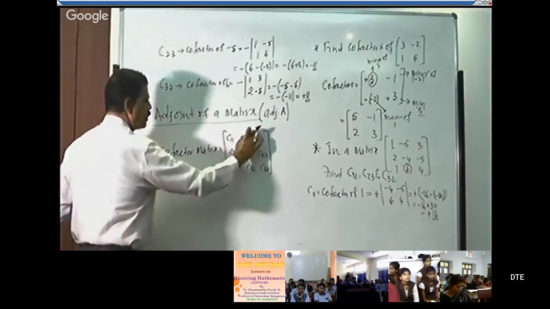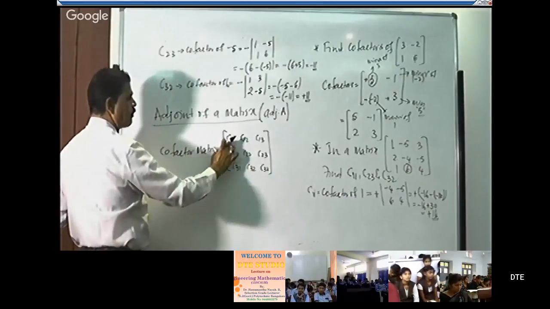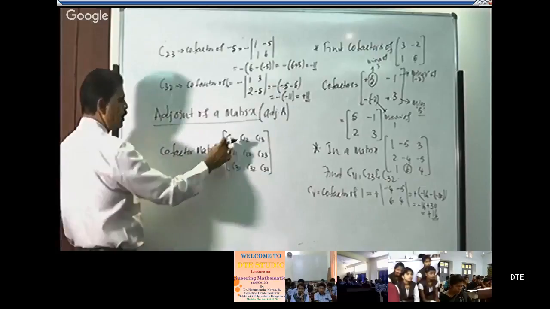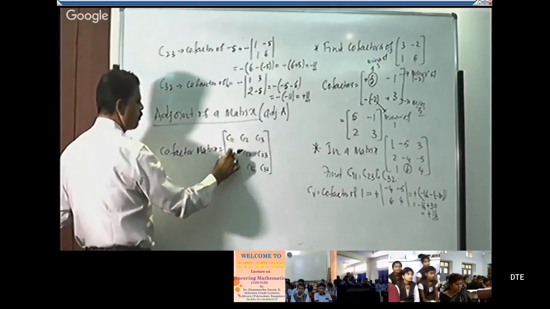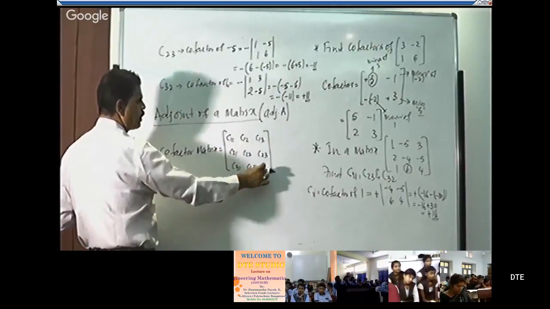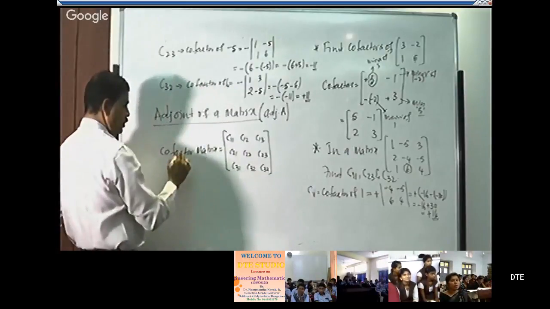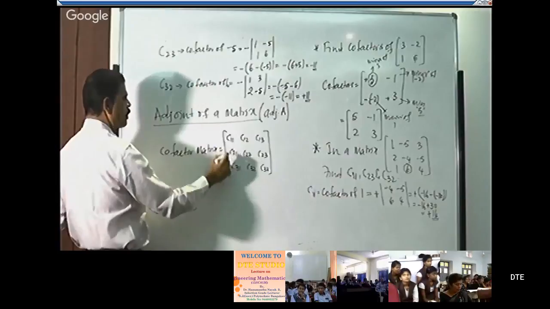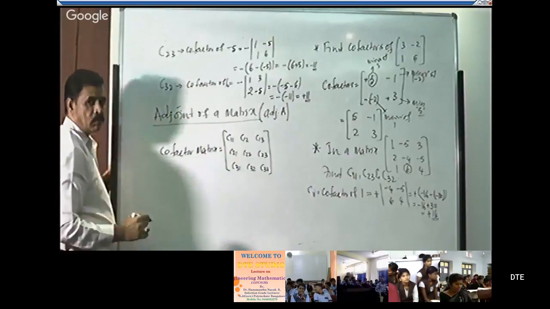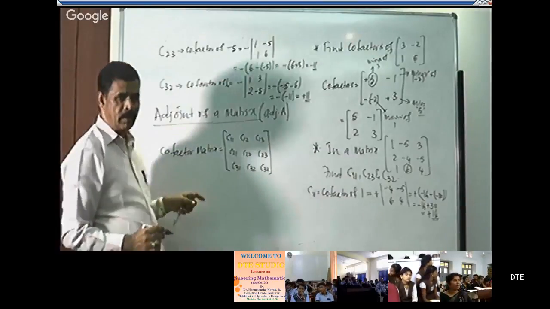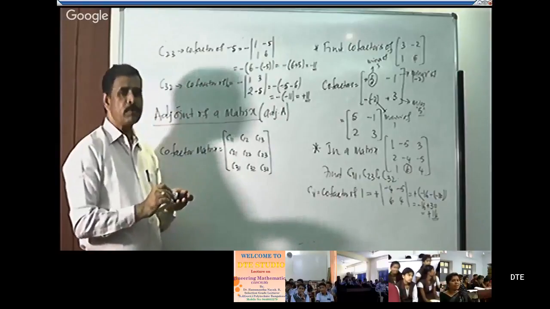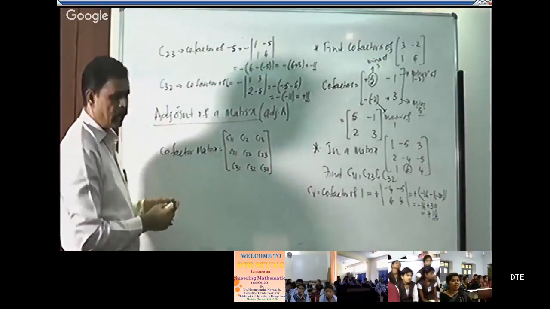So this is the cofactor matrix of a given matrix. Generally, A11, A12, A13, A21, A22, A23, A31, A32, A33. So if this is the cofactor matrix of the given matrix, with that I can write the adjoint. So adjoint of a matrix is the transposed cofactor matrix.